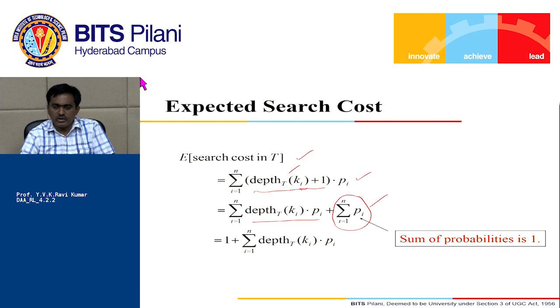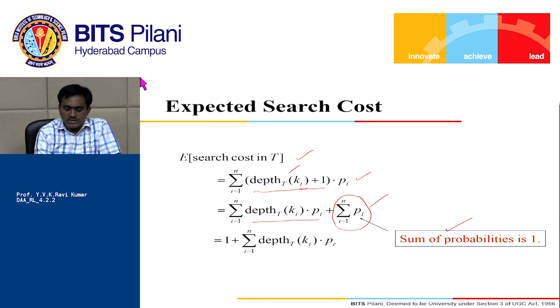We are already familiar that the sum of probabilities is 1. Therefore this becomes 1 plus summation i equal to 1 to n of depth of ki into Pi. This is the expression we use to find the expected search cost in T.